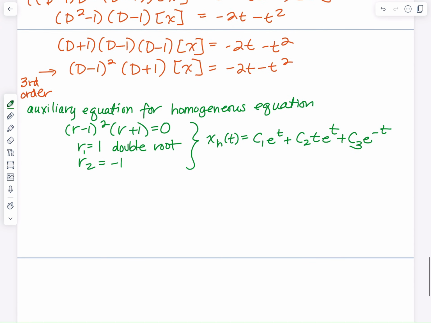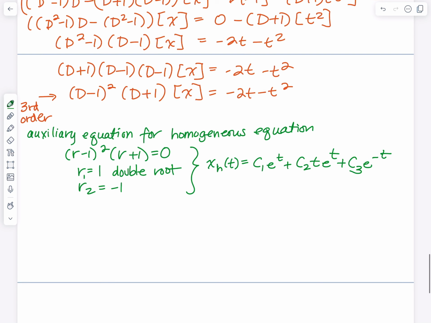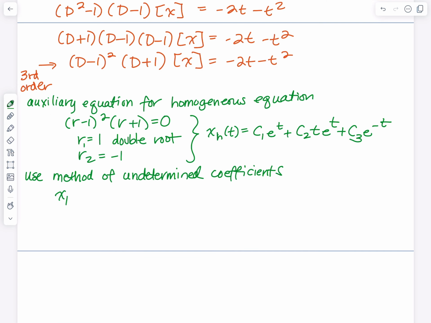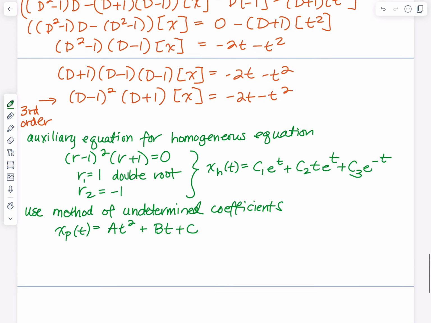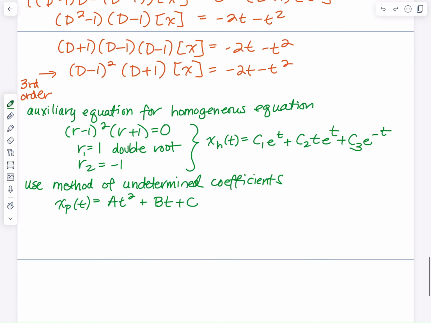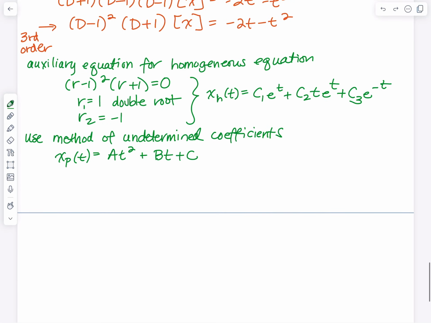Now, for the particular solution, we use the method of undetermined coefficients, and we will have that particular solution equal to a t squared plus b t plus c, and you can see that because of this term, this f of t, and we will be using that for our differential equation.